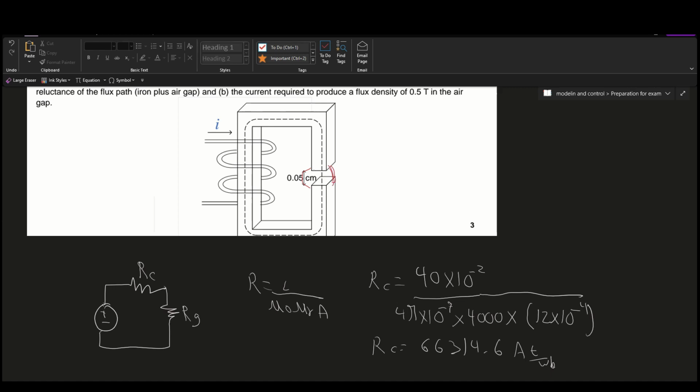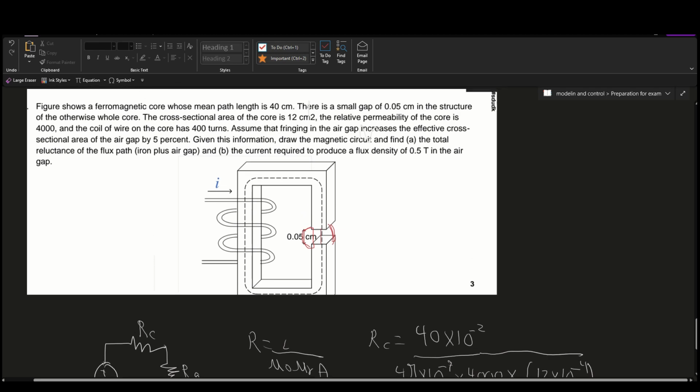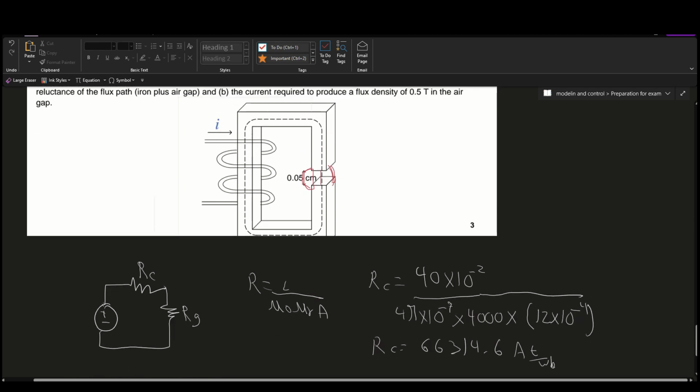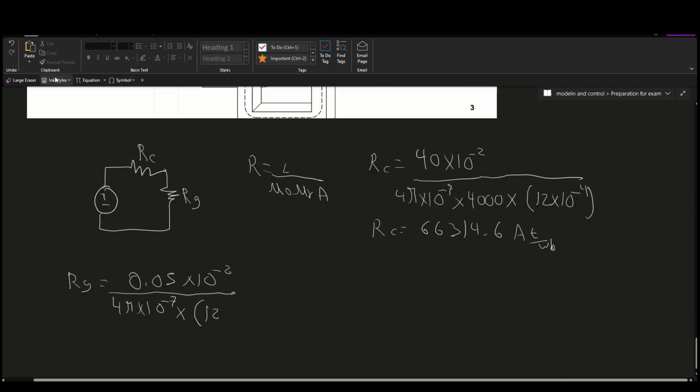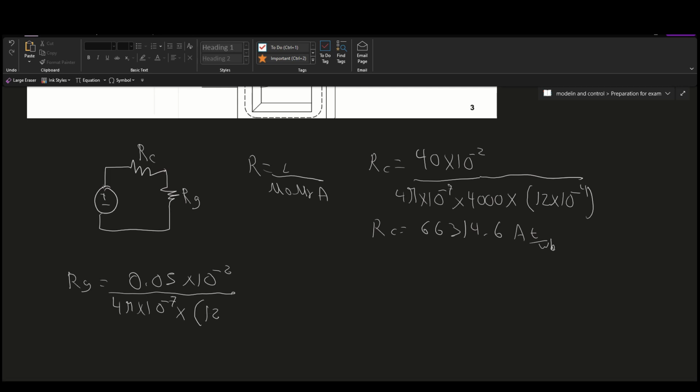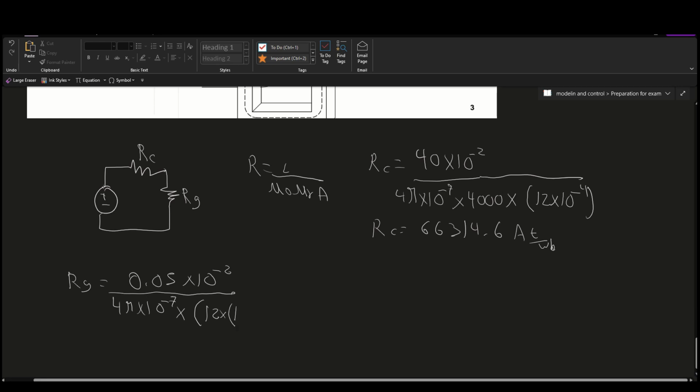It doesn't go exactly straight across. It has a little curve. So that is the 5% that it is talking about. So the total area changes. Here we have 12, but this 12 we need to increase by 5%. So it will be 12 times 1 plus 0.05.